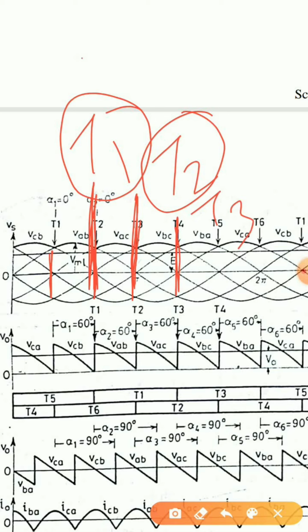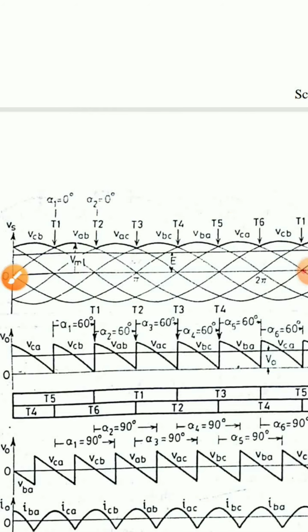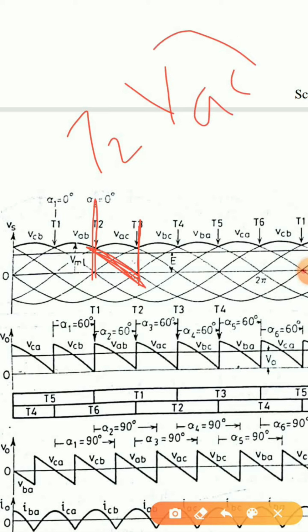As I have said earlier, for T1 VAB will conduct, then VAC will conduct. So this is my VAB waveform. It is clearly evident that this is the portion that I'll get, only this portion up to here, VAB. Again for T2 I know that VAC I have to consider, so VAC I'll be getting.